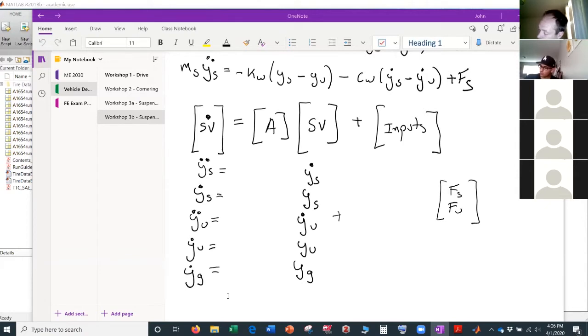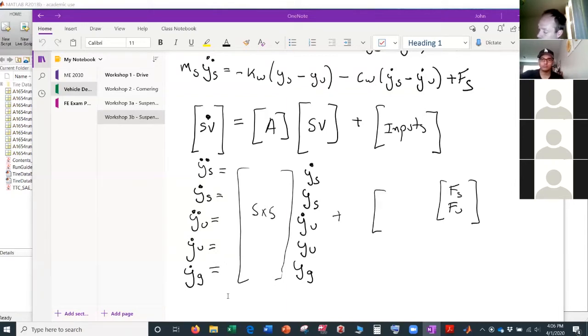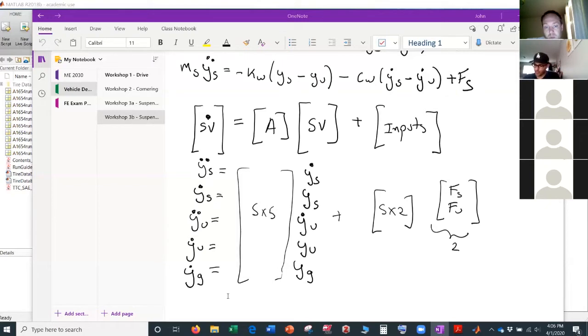So this A matrix is 5 by 5, and this input matrix is 5 tall, but only 2 wide. I'm not going to put this all the way down into matrix form, because I think it's more complicated.